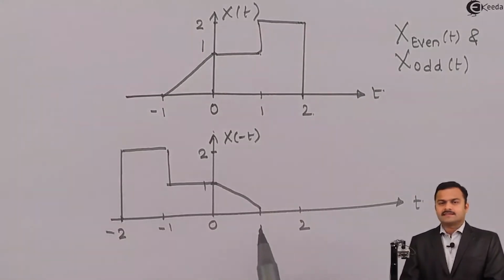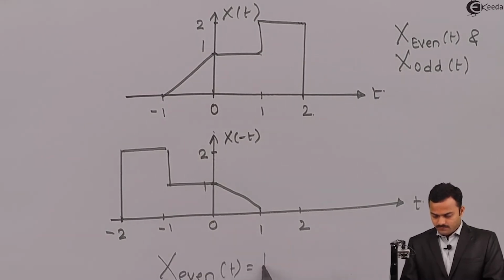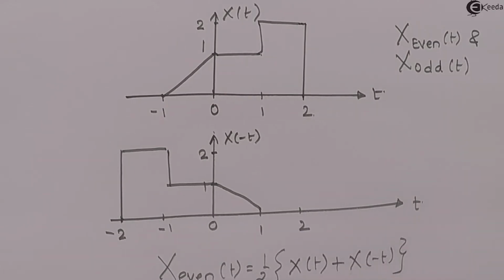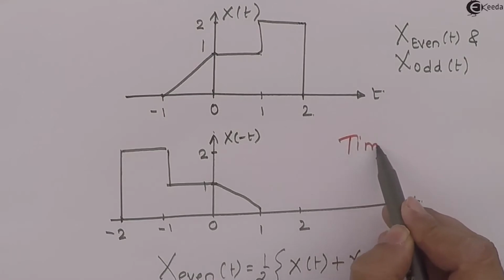So x of minus t is like this. The even part, we know, is given by half of x of t plus x of minus t. So x of t was given and x of minus t we obtained by doing time reversal of x of t.